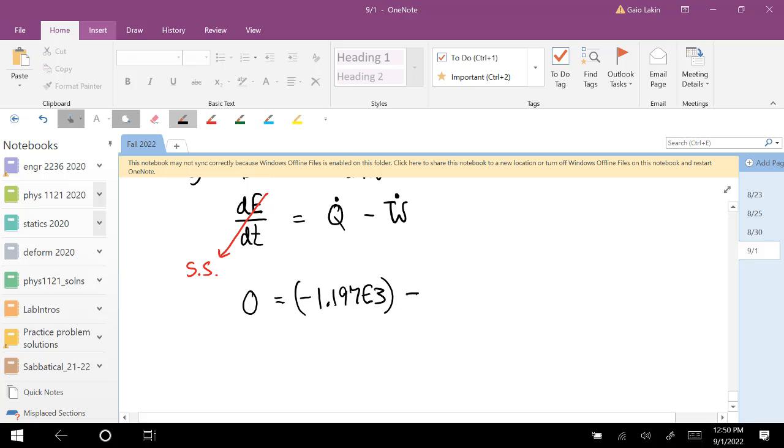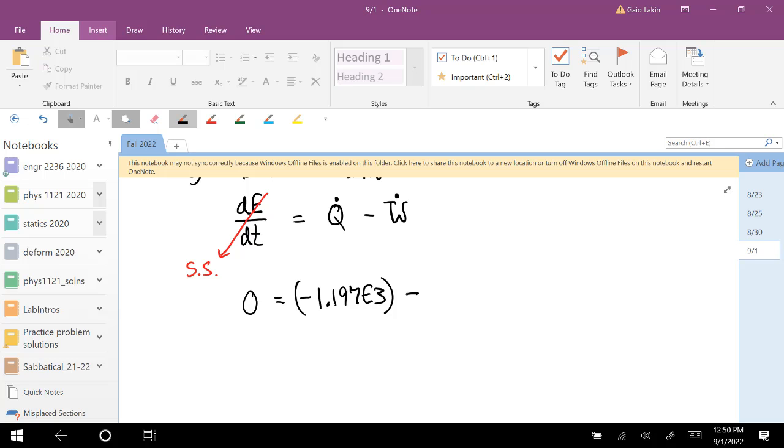And now for our work, we have two places where energy is transferred through work. The first one is that W1, and that's the one that we're given. So is our system at W1 doing work or having work done to it? Is work being added to our system or removed from our system?